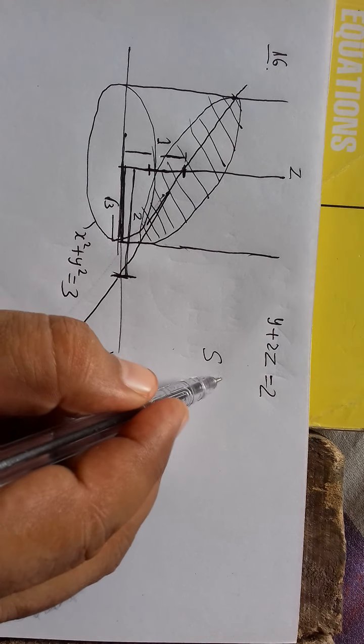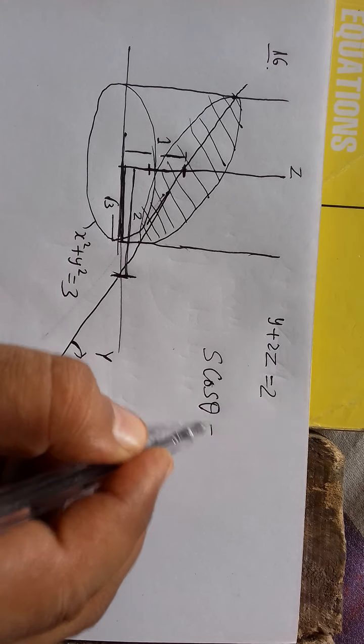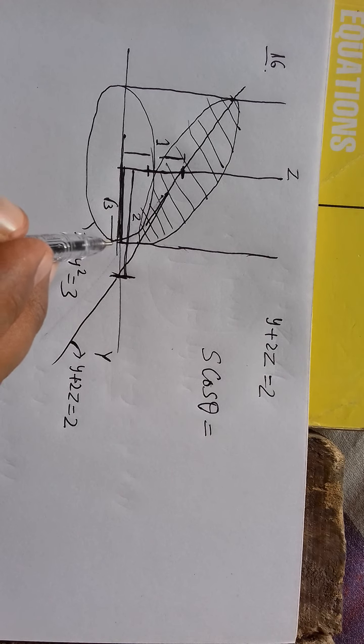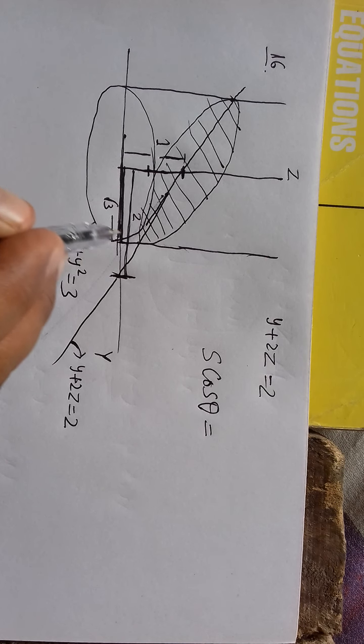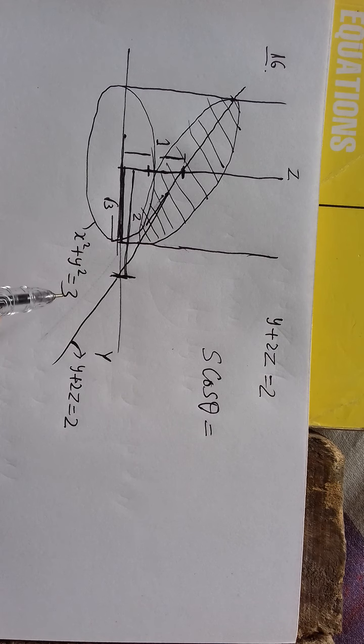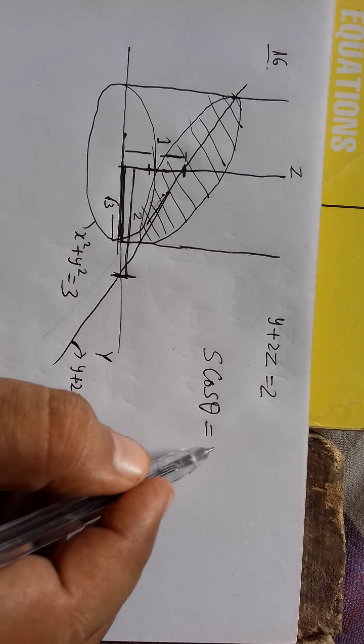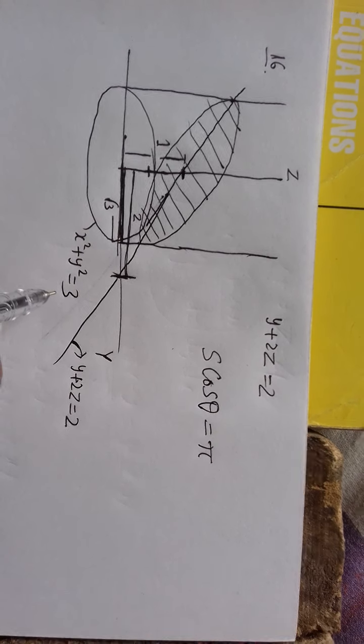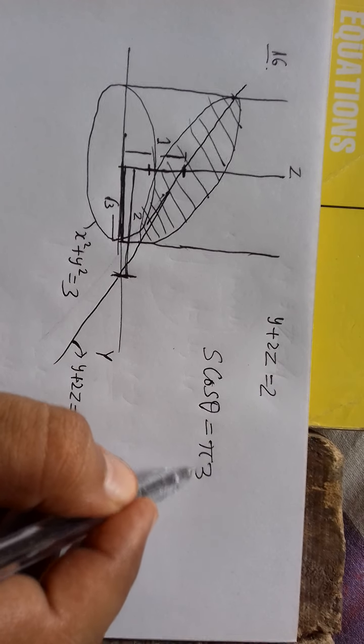So S cos theta will be equal to the area of this circle, x square plus y square equals 3. So this will be pi r square. R square is 3, so 3 pi.